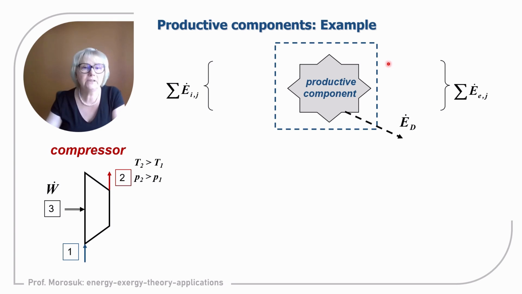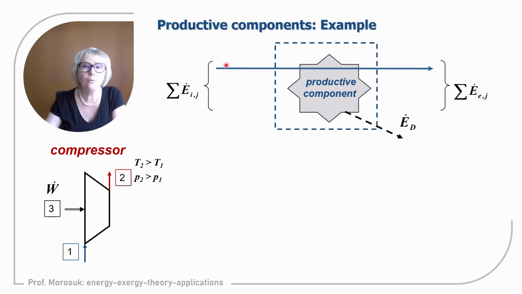We know that a compressor is a productive component, and we need to identify which streams are coming to and going out of the component, and what the exergy of fuel and exergy of product of the compressor are. What is the goal of the compressor? It is compressing the stream from state 1 to state 2. Please always remember, it is not from the environment to state 2. It is from state 1 to state 2.